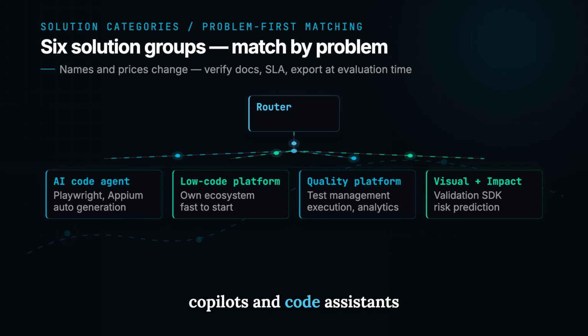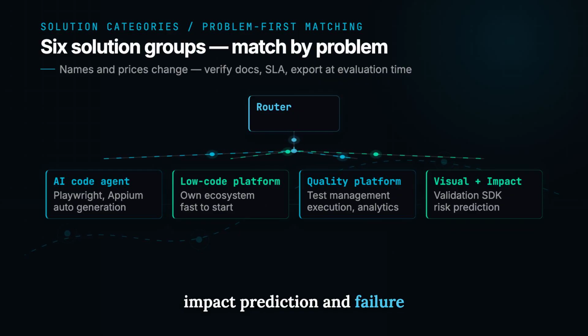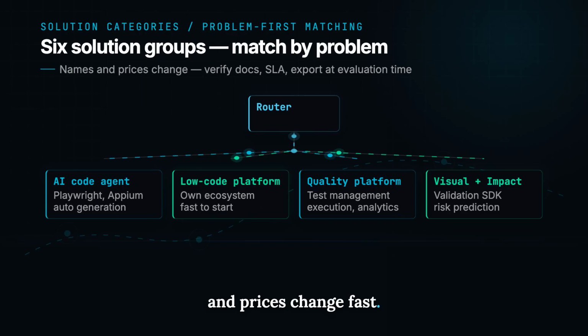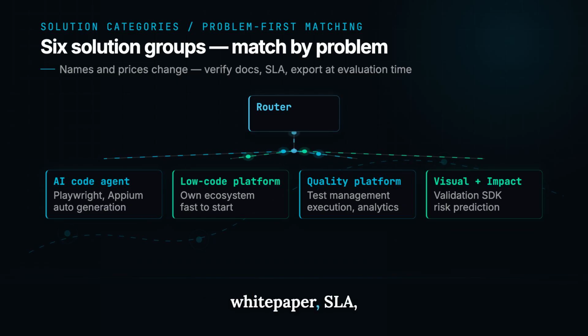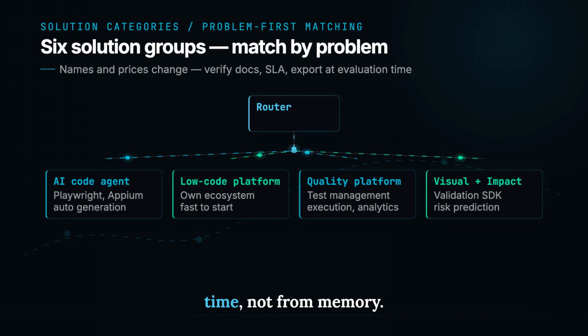IDE copilots and code assistants that speed up authoring. Test impact prediction and failure analytics. Names and prices change fast. Always verify the official documentation, security whitepaper, SLA, data retention, and export capability at evaluation time, not from memory.